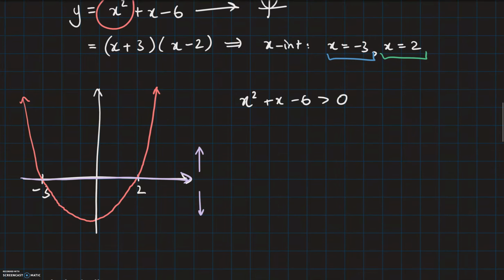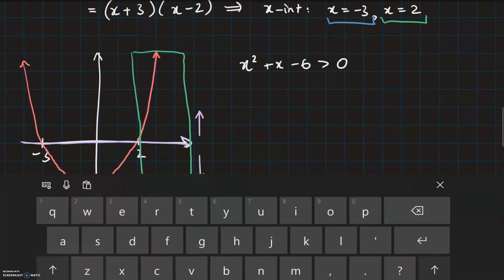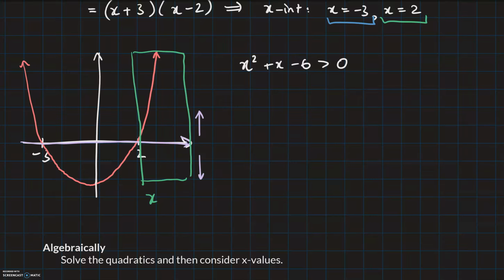So if you have a look, there are actually two regions for that. The first region is this part over here, everything to the right of 2. So the red graph is above the x-axis, so I've got everything on the right there. So this region is x is greater than 2.